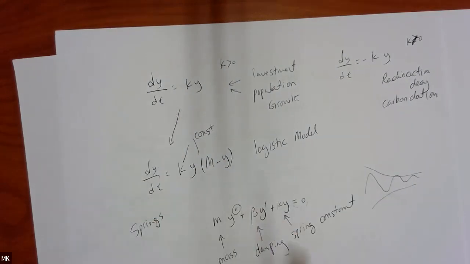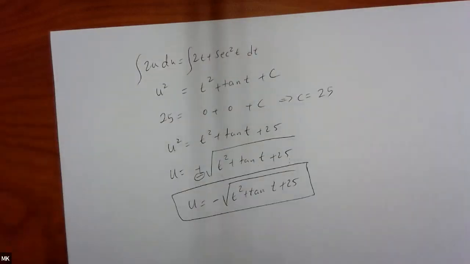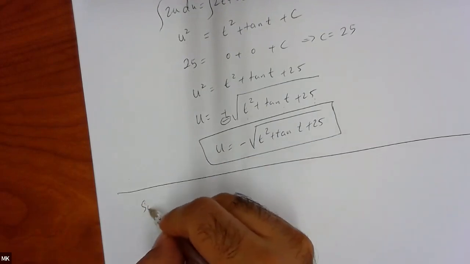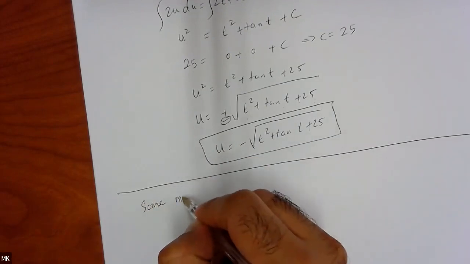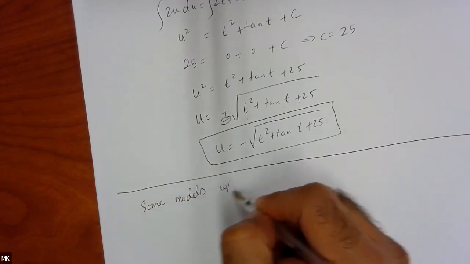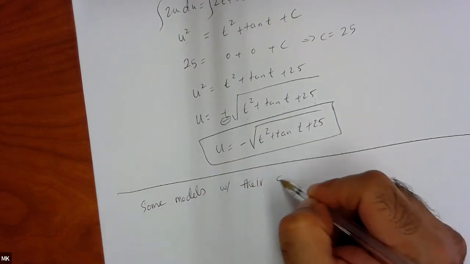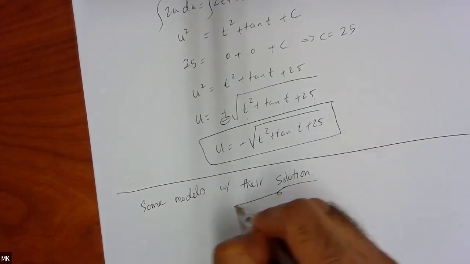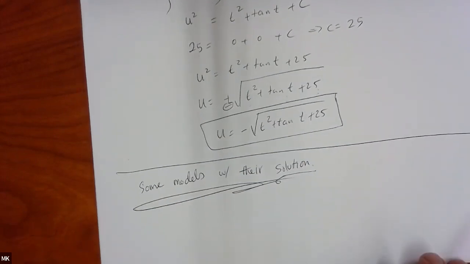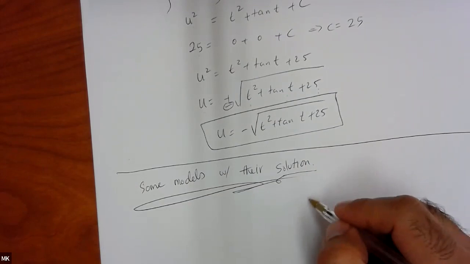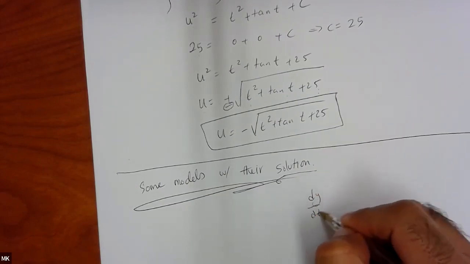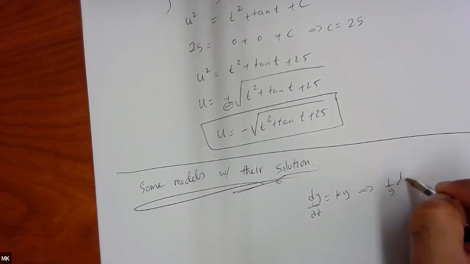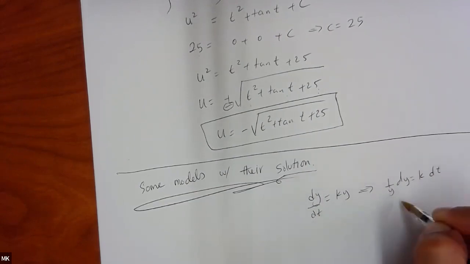Let's start with the one, dy dt equal to ky, which means 1 over y dy is equal to k dt.